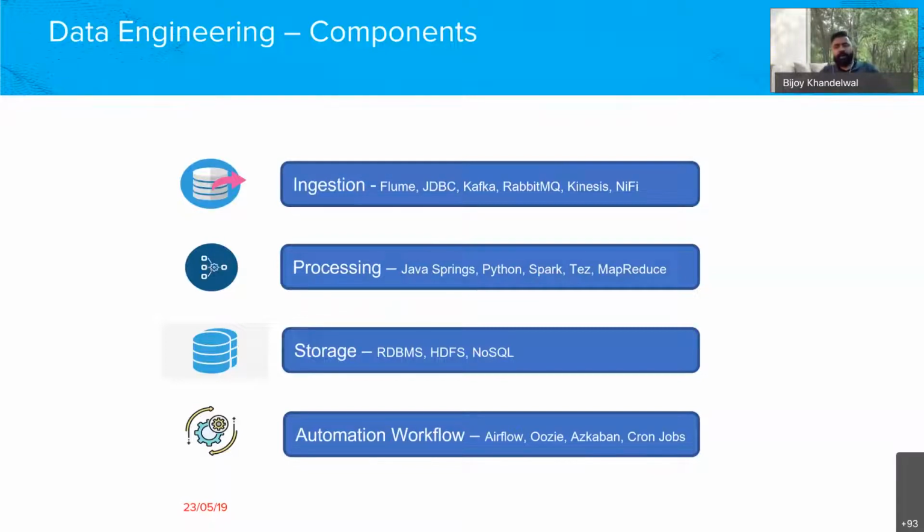And when I talk about tools, it's all open source, not anything proprietary: Apache Airflow, Oozie, Azkaban, which comes from LinkedIn, or just normal cron jobs, to be very simple. You make your workflows where it ingests data, processes it, and stores it for consumption, and the whole process is automated by a workflow so that no manual intervention is required.